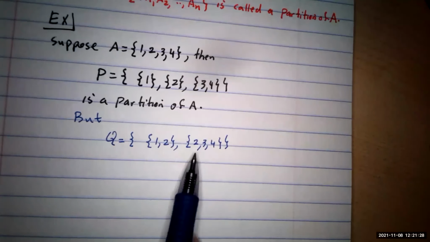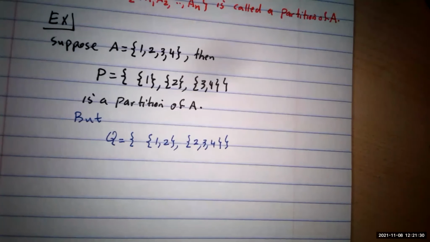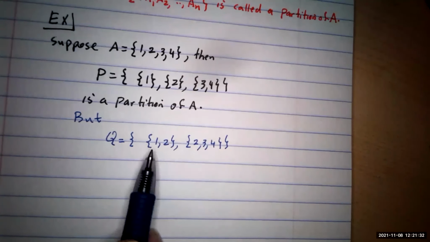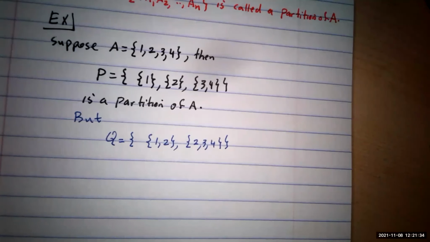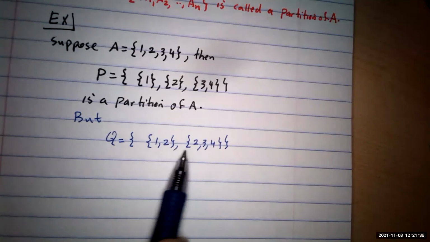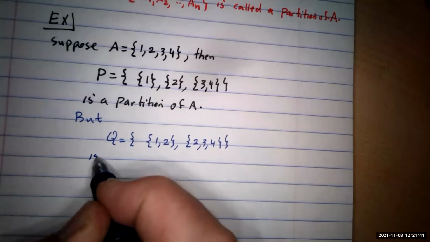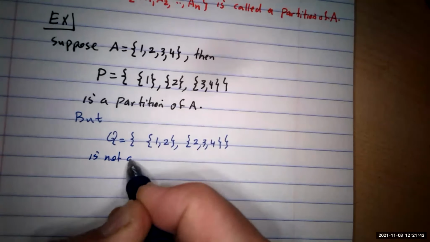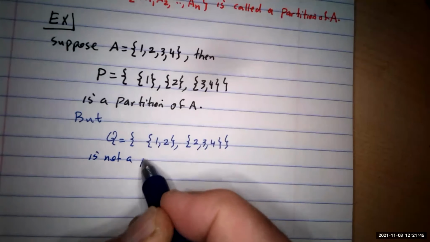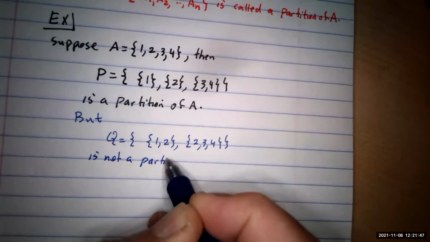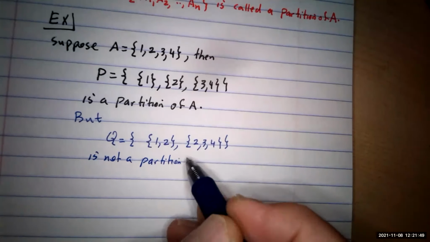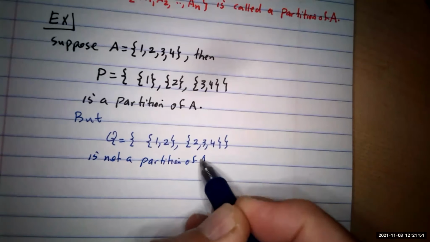Yeah, that's it. They have intersection. The rooms must be disjoint, we say. There's somebody in both of them. It's not possible. This is not a partition of A.